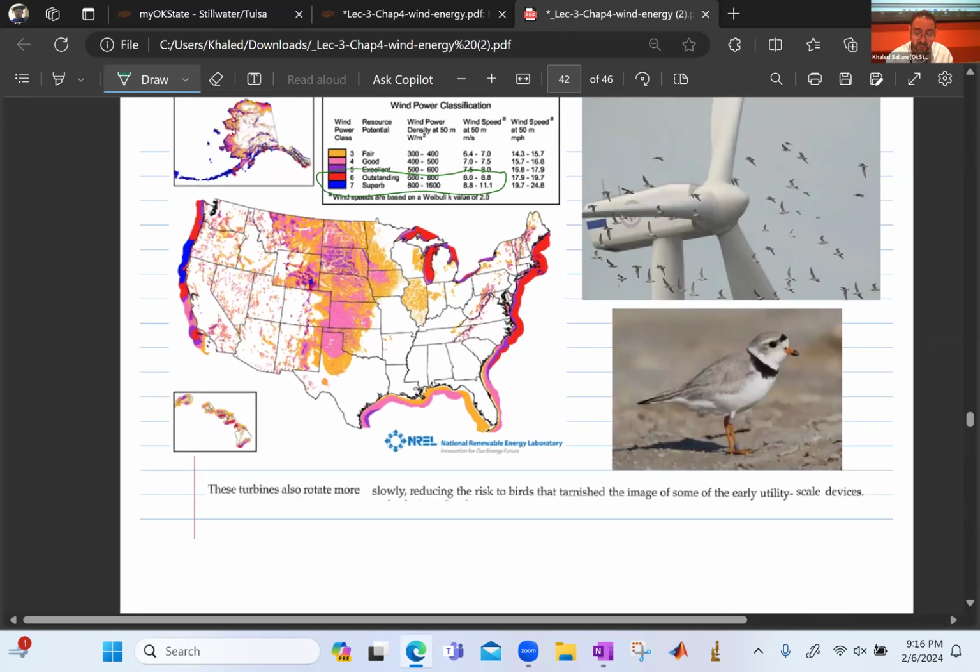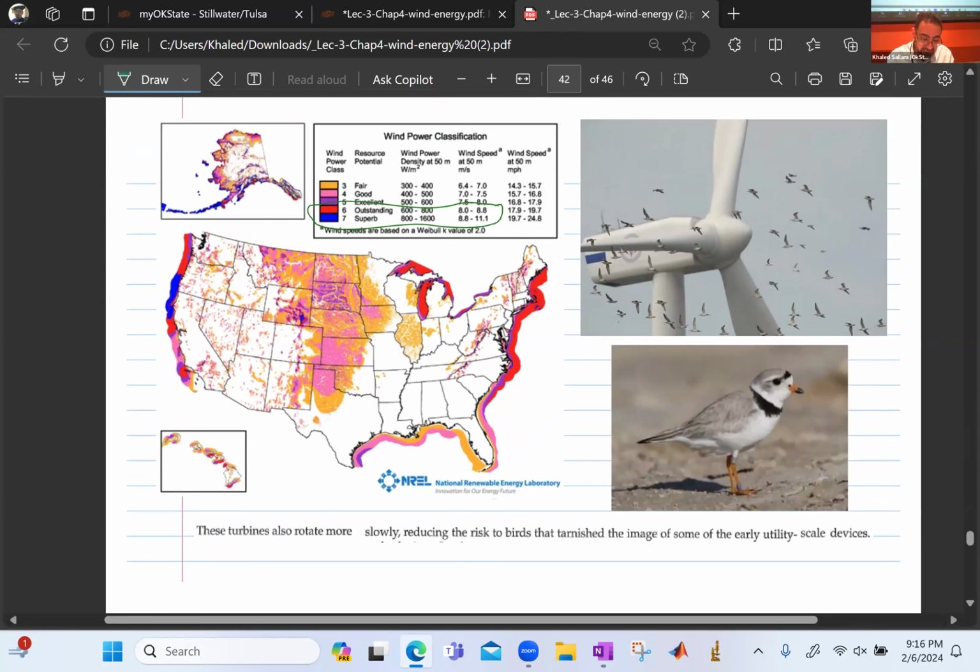So here's the map for offshore. You can see how this is one velocity, but you go offshore and you completely go to a different regime. If it's good or excellent in Oklahoma and North Texas, I guess we are under good.